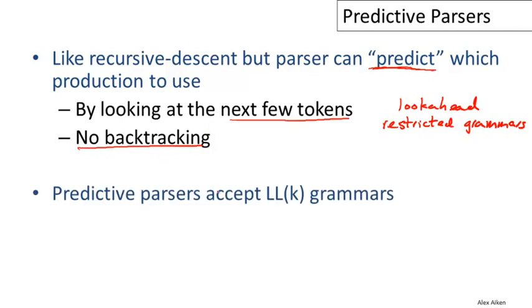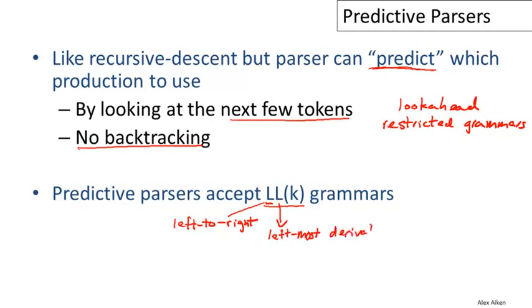Now, predictive parsers accept what are called the LL(k) grammars. And this is a really cryptic name, and so let me explain it. The first L stands for left to right scan. That means we're starting at the left end of the input and reading left to right. And in fact, that's what we always do. So all the techniques that we look at will have an L in the first position. The second L stands for a leftmost derivation. So we are constructing a leftmost derivation.